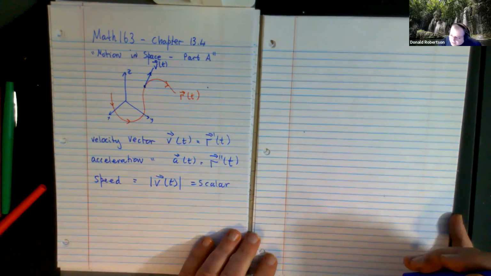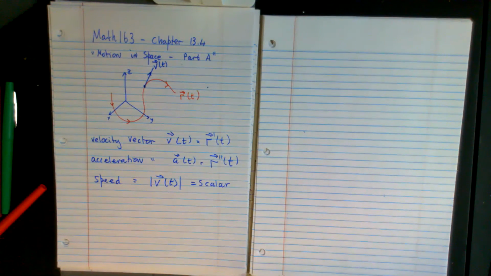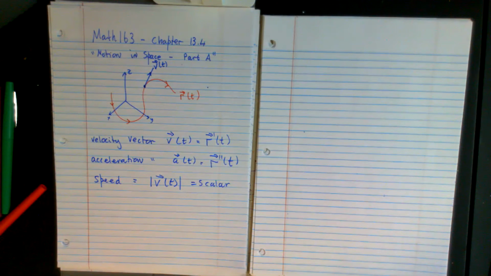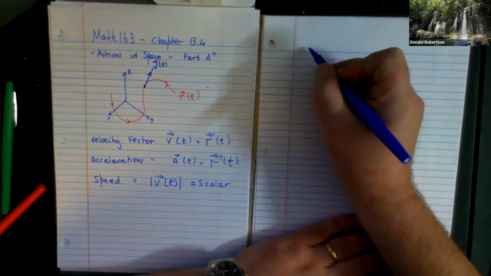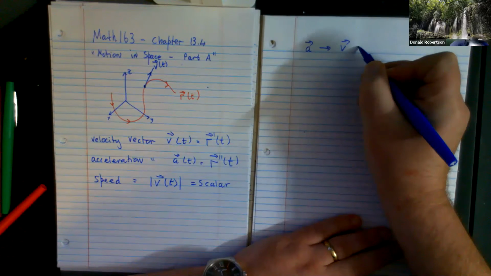Which one do you want? Acceleration, velocity, space curve. I know you said it, but for some reason I couldn't catch it. Acceleration to a space curve. Okay, so acceleration becoming velocity becoming space curve, right?